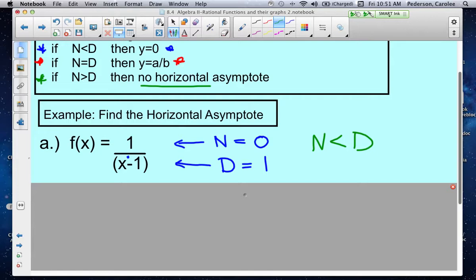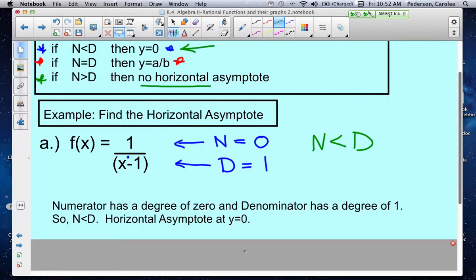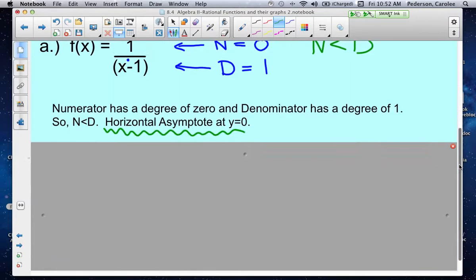So we are going to use this situation. I just wrote out the information. So we have a horizontal asymptote at y equals 0. Let's try one more.